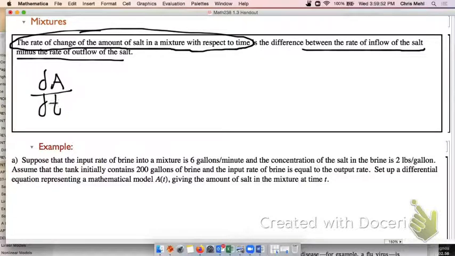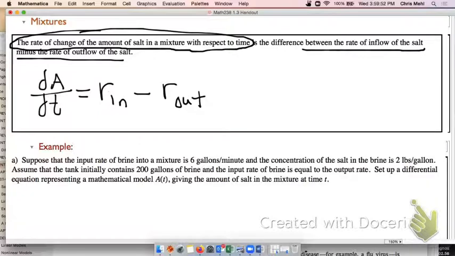The rate of change of the amount of salt in a mixture with respect to time is not proportional, but it is the difference between the rate of inflow of the salt minus the rate of outflow of the salt. The textbook writes this as R_in for the rate of inflow, minus the rate of the outflow, which I think they're just calling R_out.